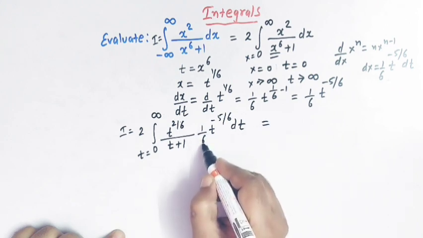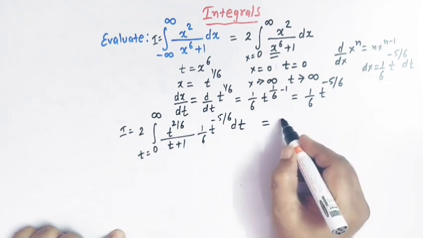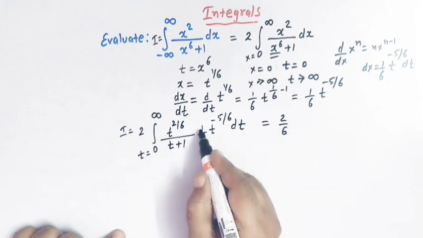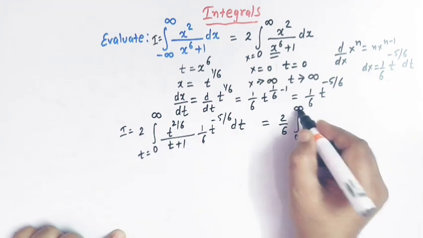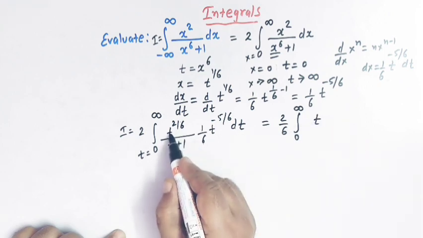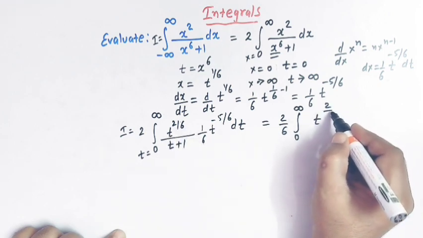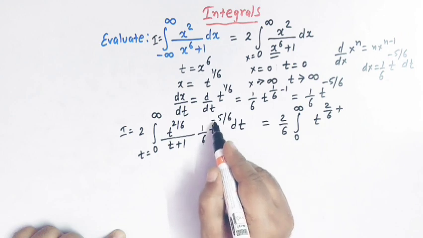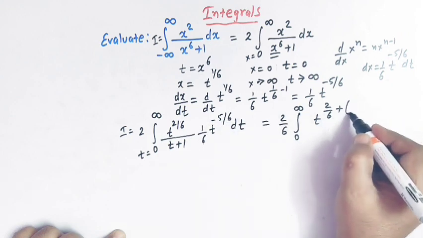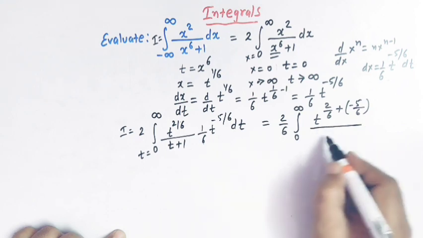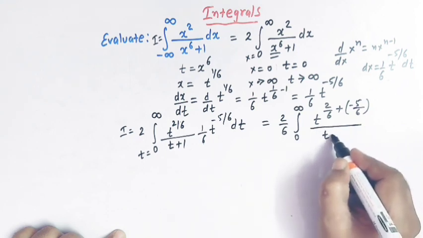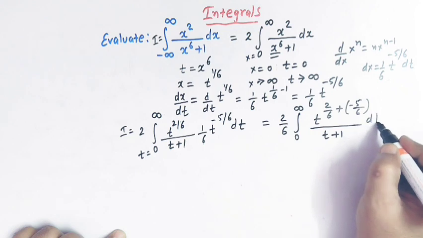So here we have 1 over 6. So we can now write 2 over 6, taking 1 over 6 outside the integral. We have 0 to infinity, and here we have t raised to 2 by 6, and here t raised to minus 5 by 6, and in the denominator we have simply t plus 1, and here we have dt.